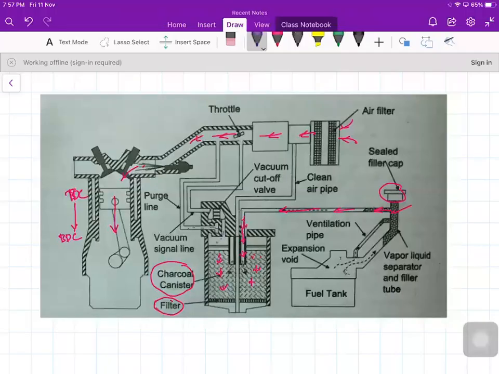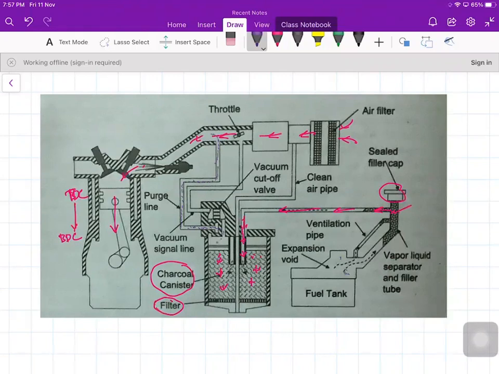Whatever vapor is stored in the charcoal canister comes through these channels during the suction stroke and is mixed with the air.